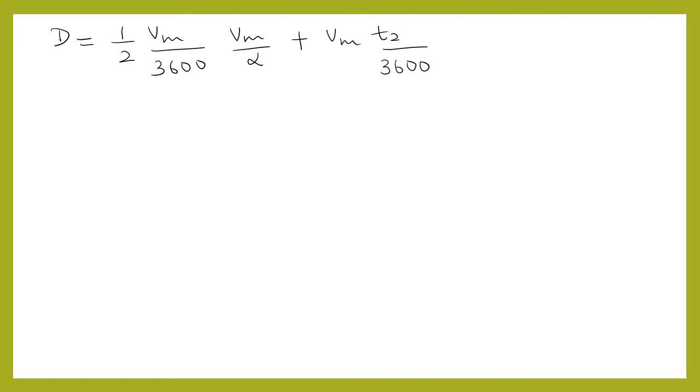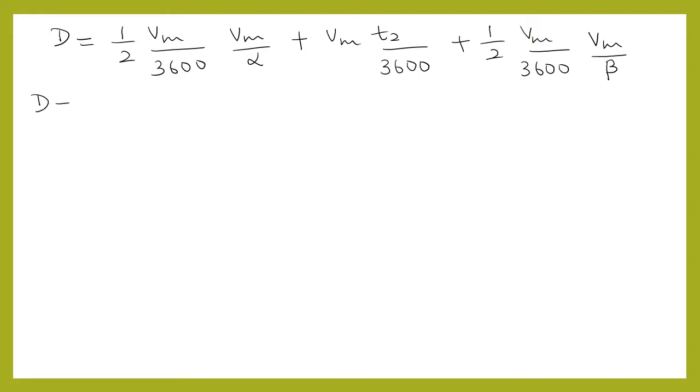So D is equal to half Vm by 3600 into Vm by alpha plus Vm T2 by 3600 plus half Vm by 3600 into Vm by beta, because T1 is equal to Vm by alpha and T3 is equal to Vm by beta.